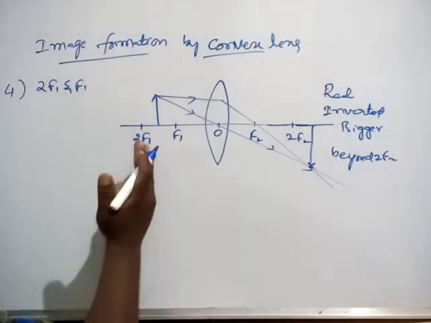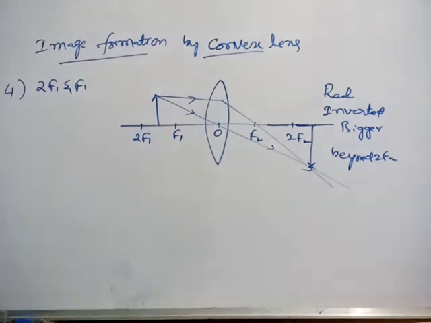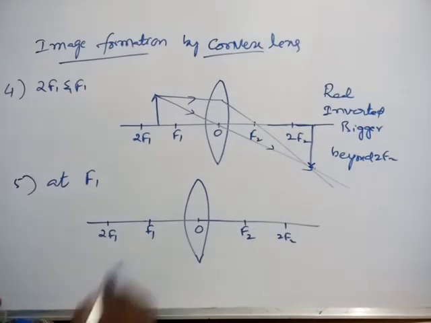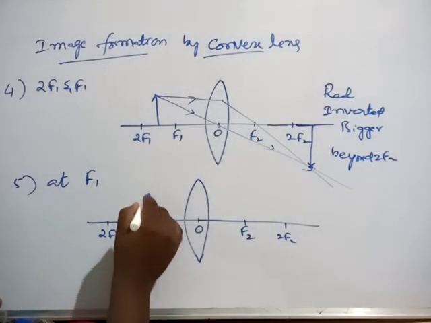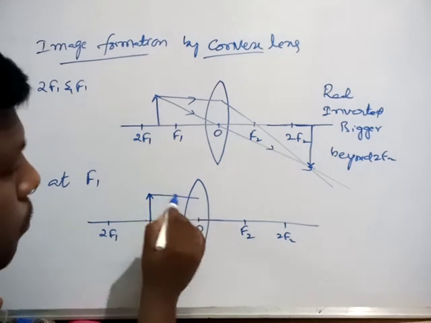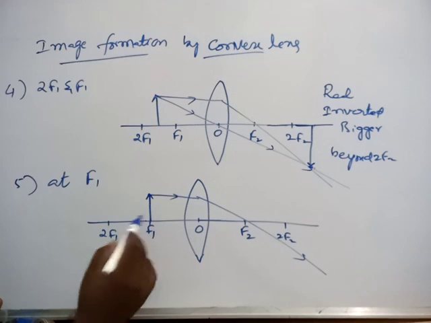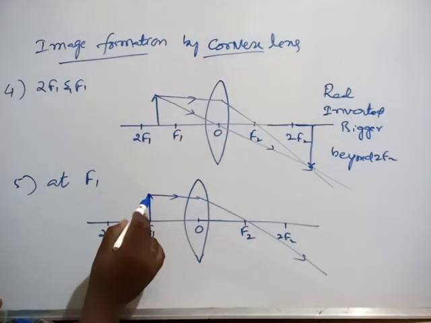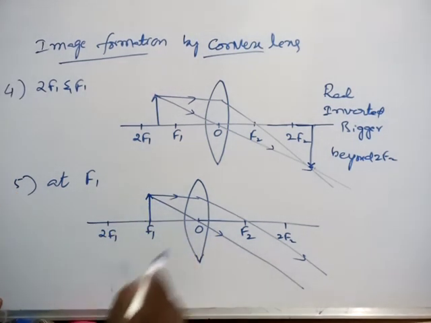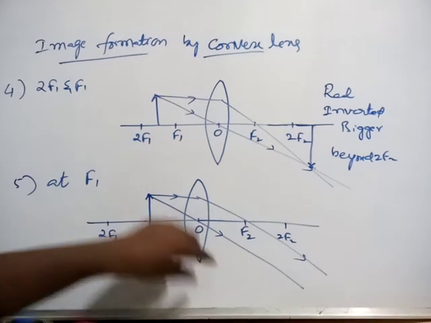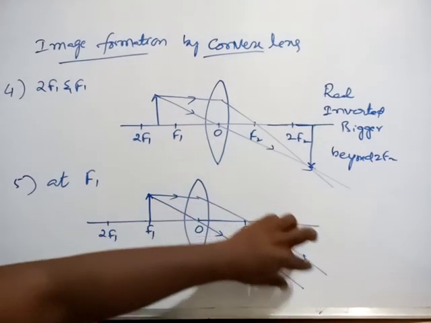And next case, we have to place the object at F1. Parallel ray through the focus and a ray through the optic center. See now, these rays after refraction are parallel to each other.